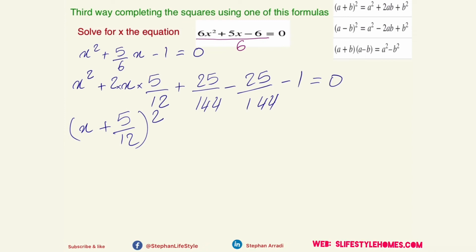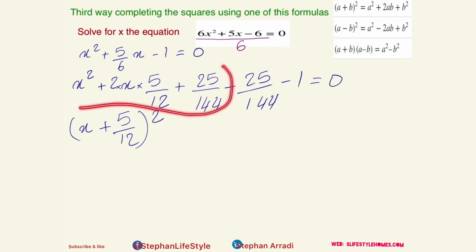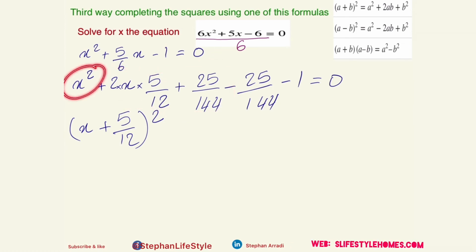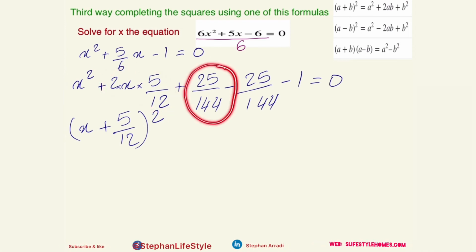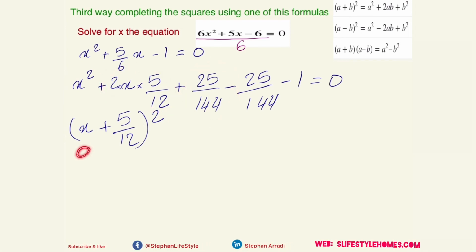So what we did here, we combined this part here. Since we have a square plus 2ab plus b square, it is going to give us just a plus b squared. This is what we did. This is a and this is b, everything squared. So we have to add this part here now.